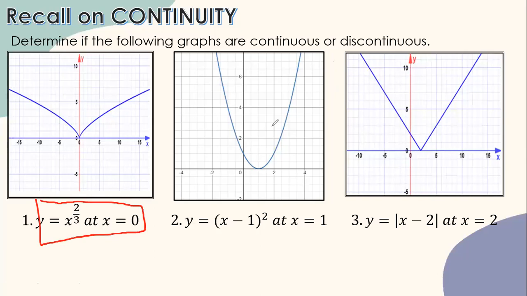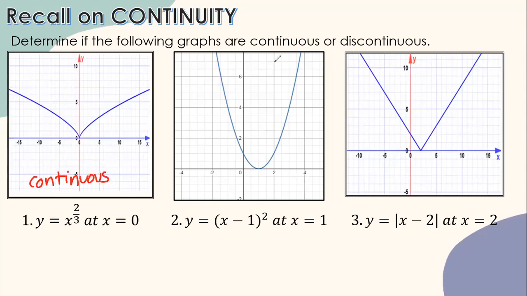Using our graph, it is easy to see if a function is continuous if we do not encounter any interruption, hole, or any cut in our graph. For our first function, we haven't encountered any interruption in our graph. So we can already see that this function is continuous.